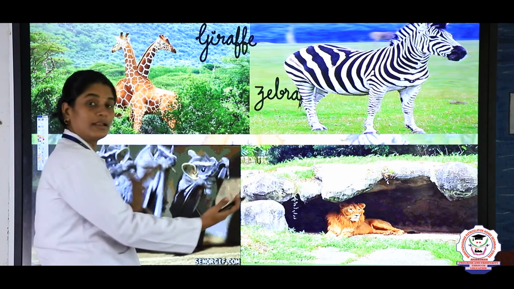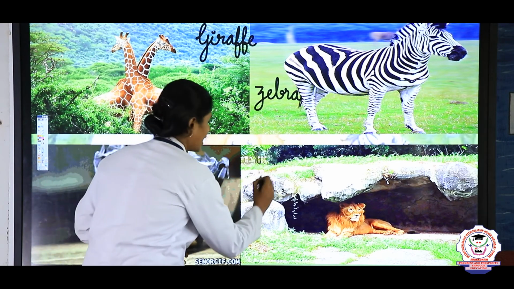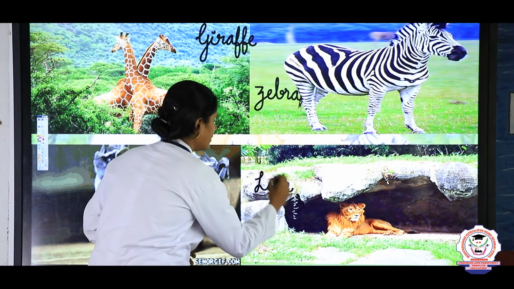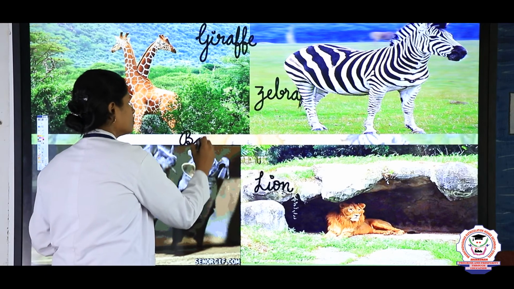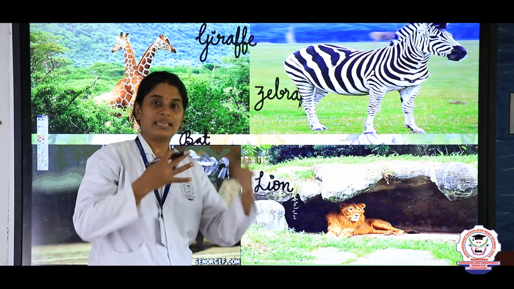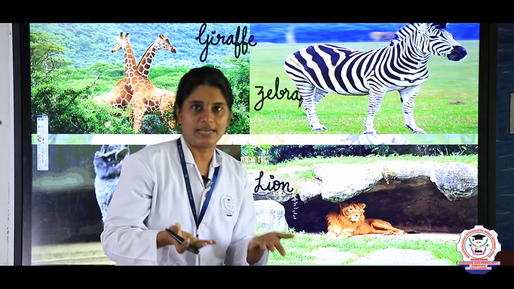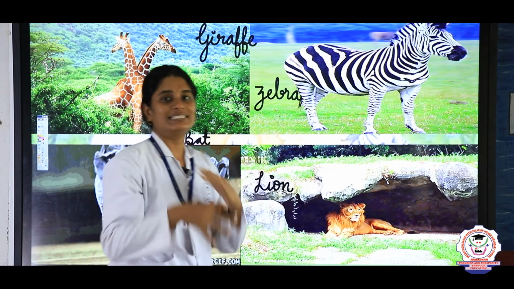And lion also lives in the forest, right? And what is this? Bat, right? So bat and lion live inside a den, like a cave, right? Goga Madri they will say. Inside that we can see bats and lion, they live inside the cave.